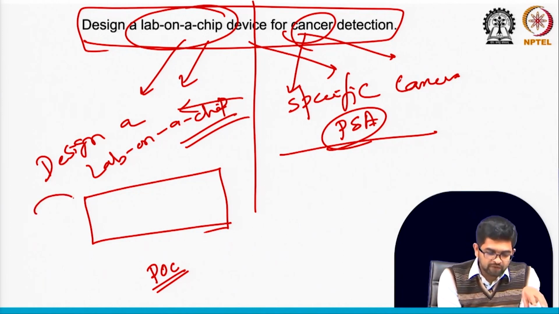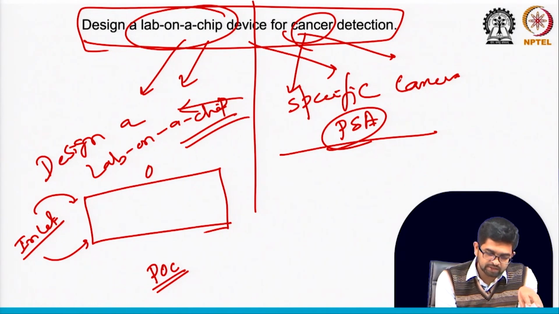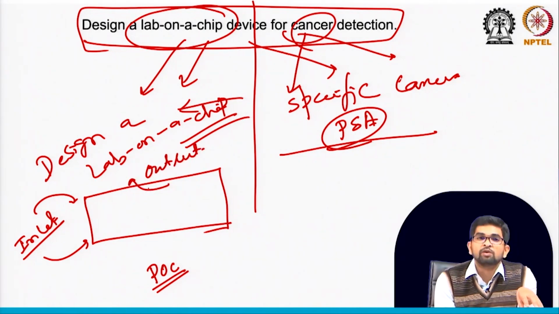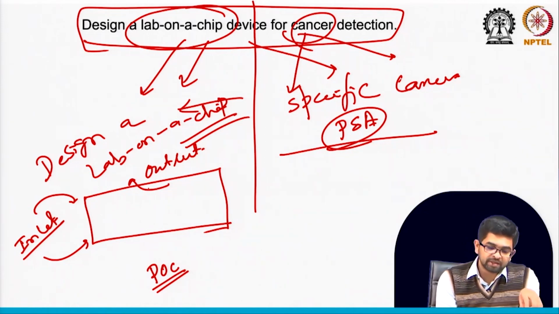It should have an inlet, right? Inlet means where you will drop your sample, and there will be an outlet. Outlet means excess solutions may come out. There is no need for many steps like sample handling, sample purification, sample amplification; those things you don't need. But definitely it should be automatic, everything on your chip.